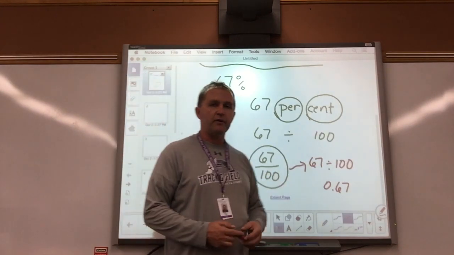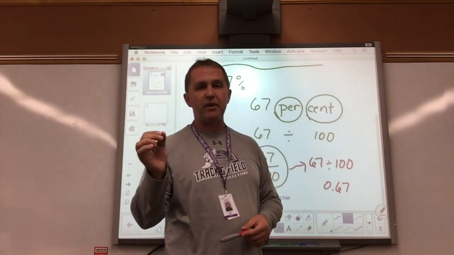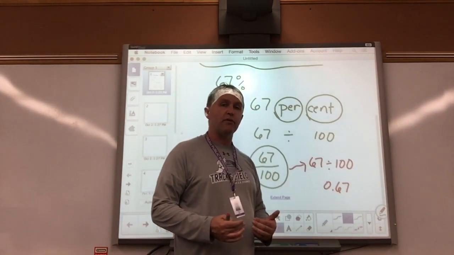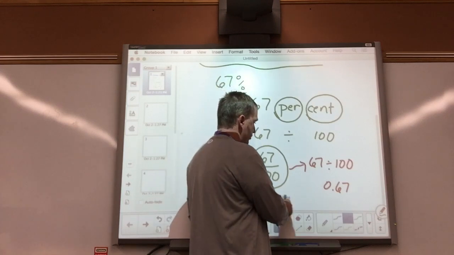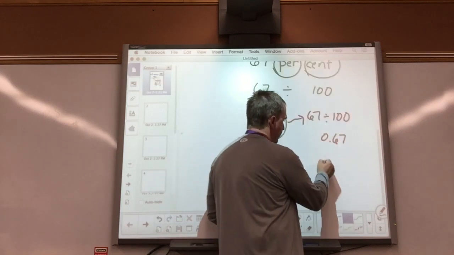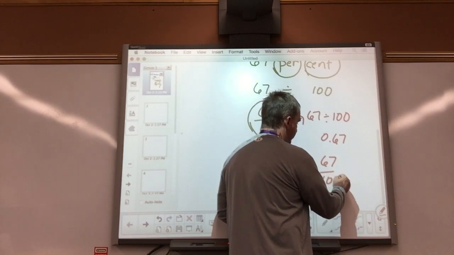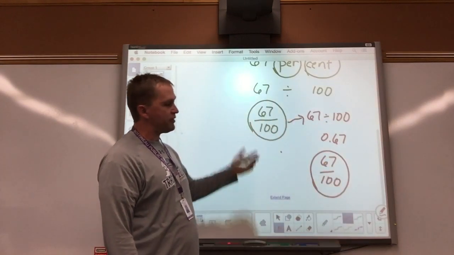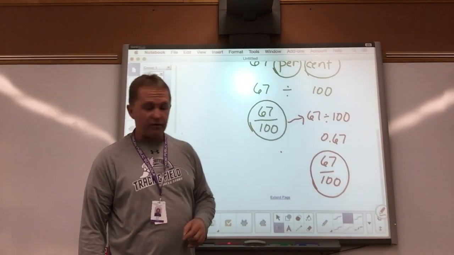On a graphing calculator, you can go to the math menu, convert to fraction, and when you convert it back, it will always give you the fraction in simplest terms. So in this case, it would come back and say that the fraction is 67 over 100, which was the same fraction that we originally got. This percentage does not happen to simplify.